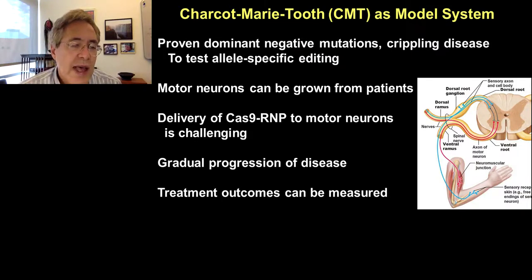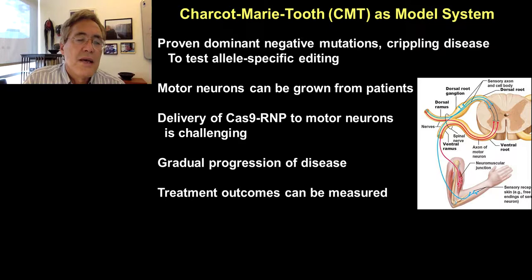And you can deliver the Cas9 RNP to motor neurons, but unfortunately, the Cas9 RNP is going to be a bit challenging. So we may have to use viruses and take advantage of the tremendous research that other people have done to make viruses that can actually target the motor neurons.